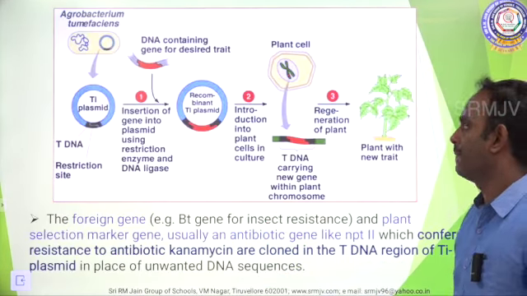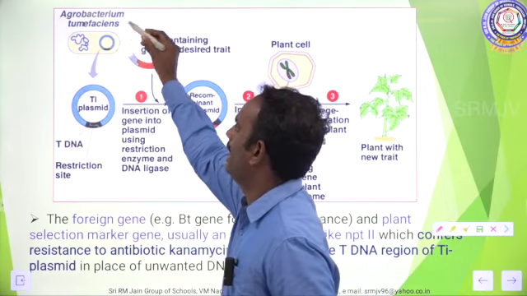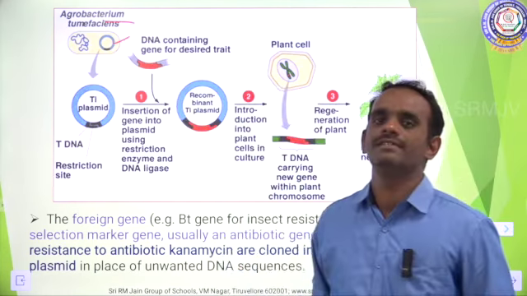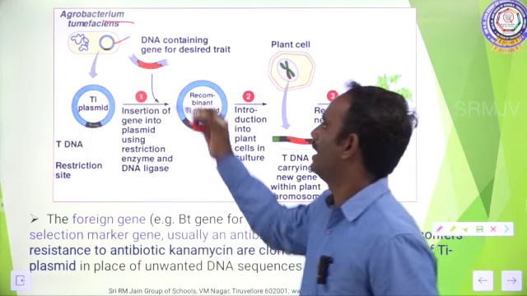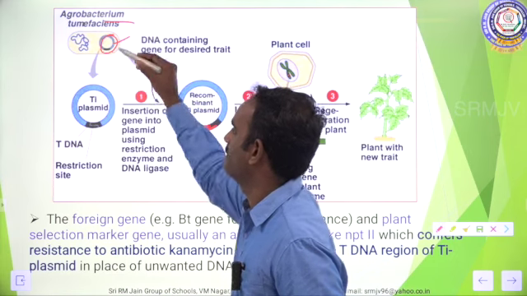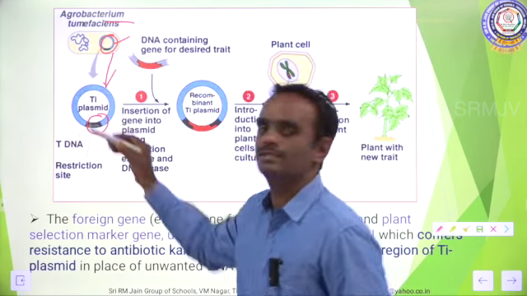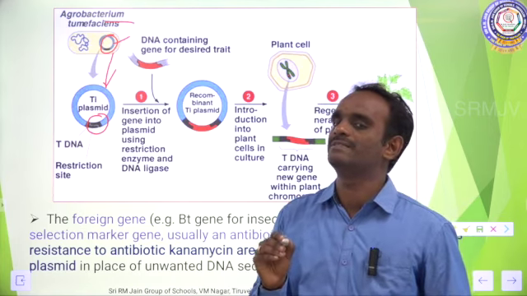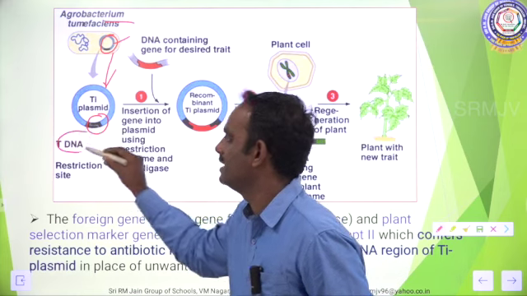See the diagram here. This is Agrobacterium tumefaciens. It is a soil bacterium present only in the soil, and this is the plasmid, the Ti plasmid. A small portion of the Ti plasmid is called tDNA, transfer DNA.